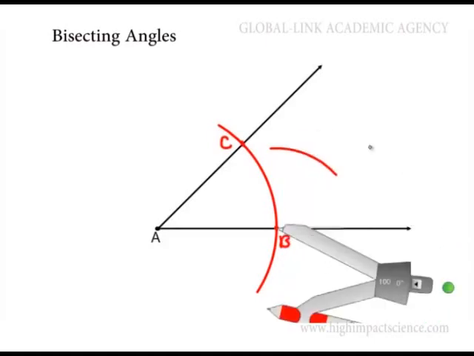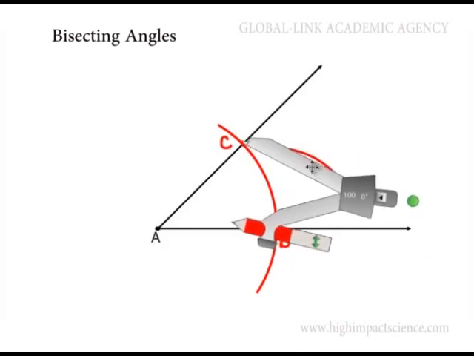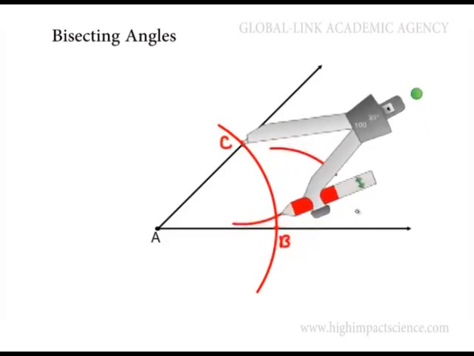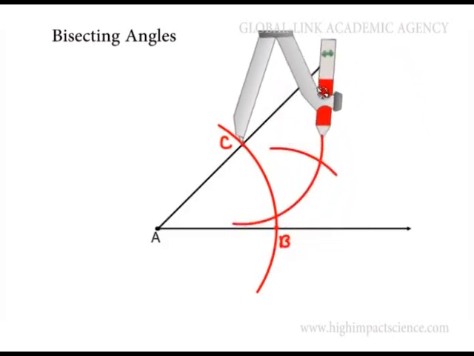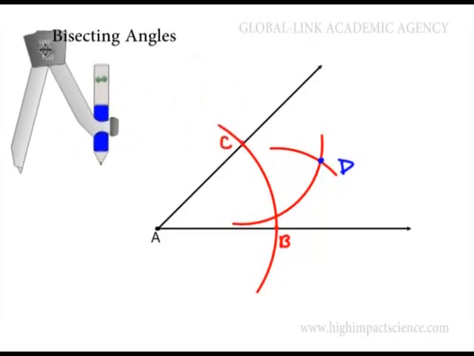Using that same radius, put the compass at C and mark another arc. The angle bisector should pass through this point of intersection. All you need now is get a ruler and draw that bisector from the vertex at A.